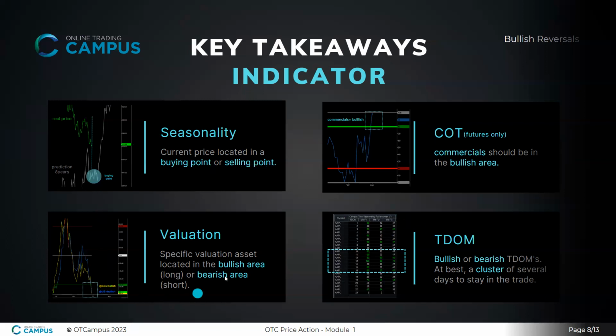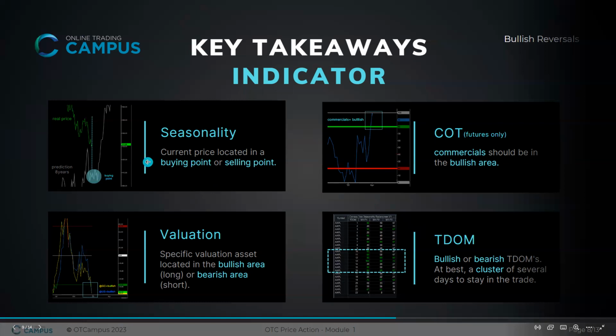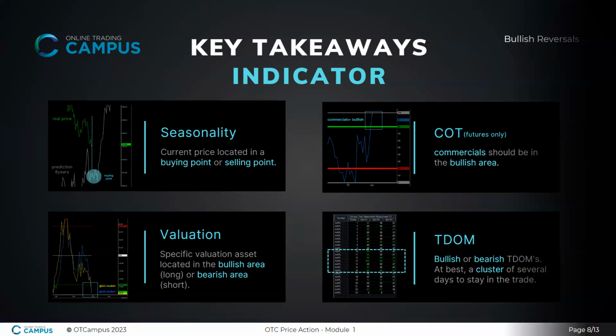If we have everything here in line, for example, not 10 of 10, maybe 8 of 10 or 7 of 10, and then the trading day of the month. And look, for example, we are at the 10th trading day here, right? You see we have a green day. Oh, let's go to the 13th. Okay, 13 is better.